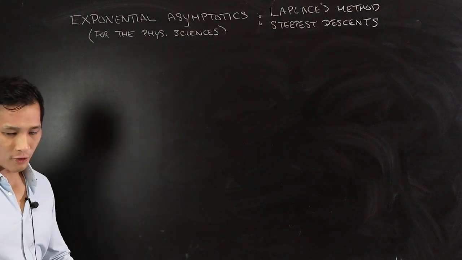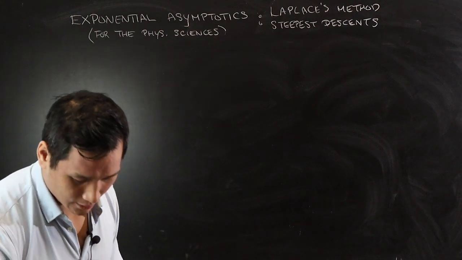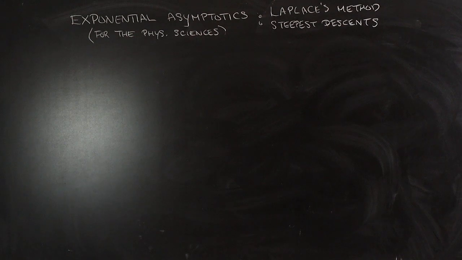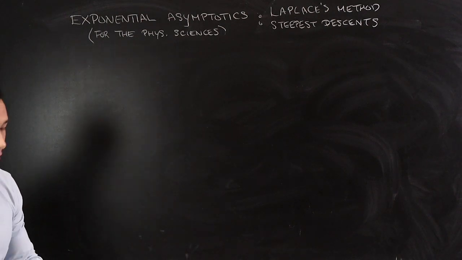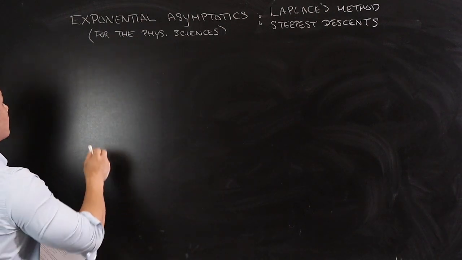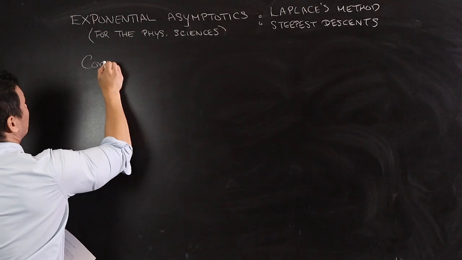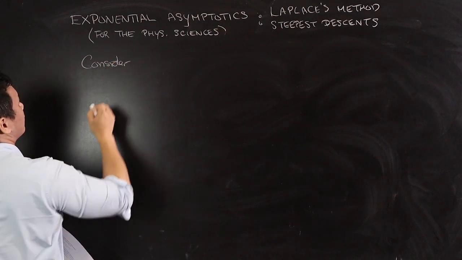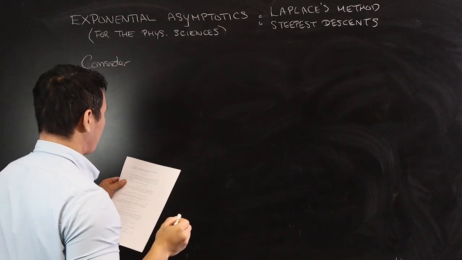Now, before I do this, let me just write down a toy example for us to work off of, so that we're talking about something a little bit more concrete. Let's consider the asymptotics of the following problem.